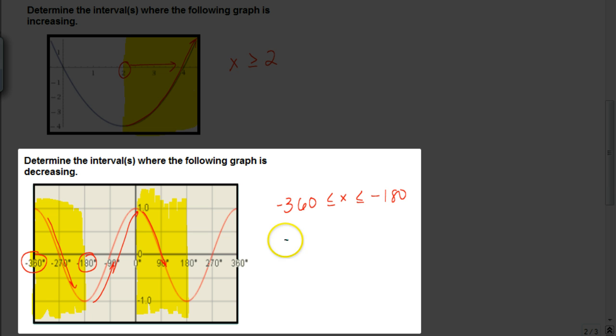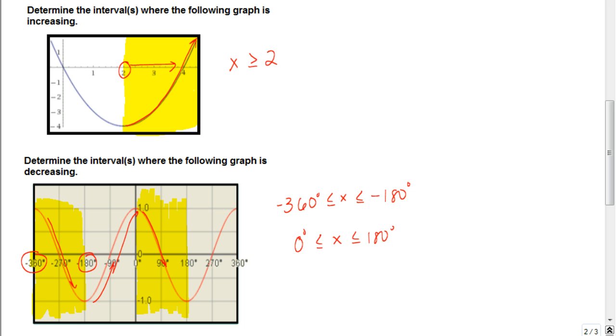So when x is going from 0 to 180 degrees, the graph is decreasing again. And so from just this screen that we're looking at, the intervals where this graph is decreasing is from negative 360 to negative 180, and from 0 degrees to 180 degrees.